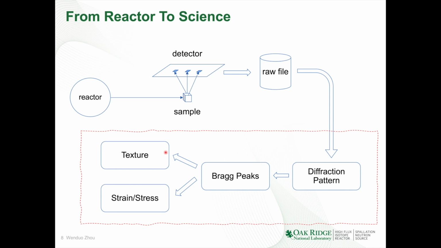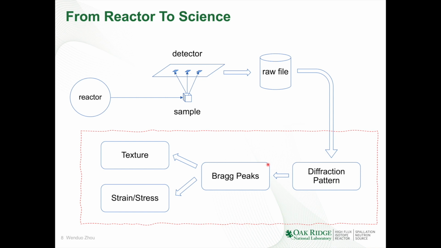In a simplified HiDRA data reduction workflow, the raw neutron events loaded from the raw data file will be converted to an intensity histogram by the neutron diffraction angles. Bragg peak positions, which are related to the crystal atomic structure, are obtained by fitting.